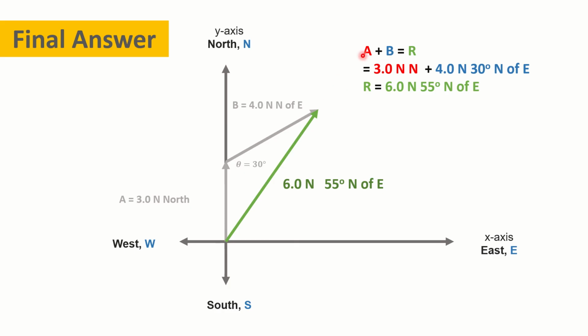So here, A plus B is equal to R, the resultant. 3 newtons north plus 4 newtons 30 degrees north of east will result to 6 newtons 55 degrees north of east. This will be our final answer. In our next examples, we will see how to perform vector addition with more than 2 vectors.